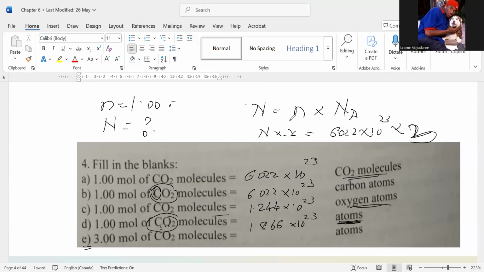So now first I need to multiply this by 3 into Na and then multiplied by 3. That's 5.419 times 10 to the power 21.